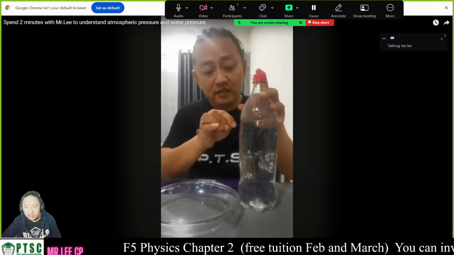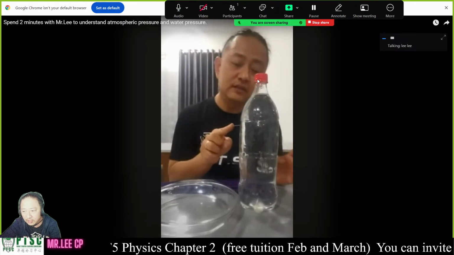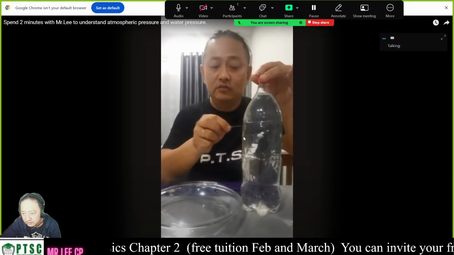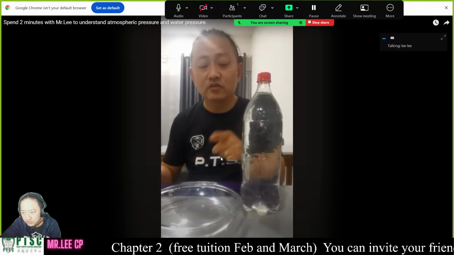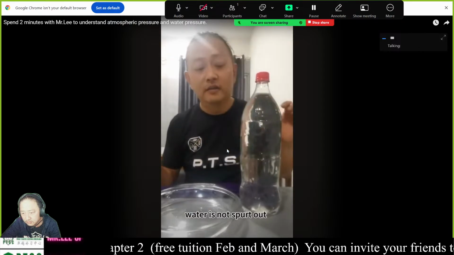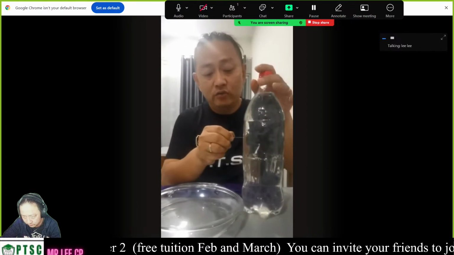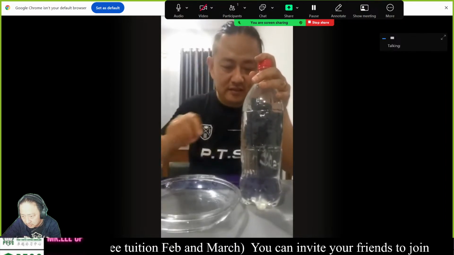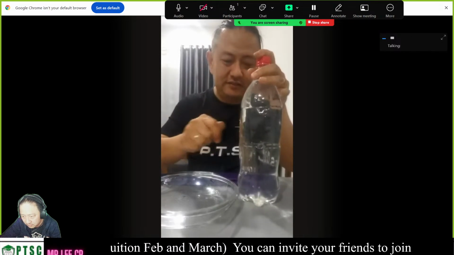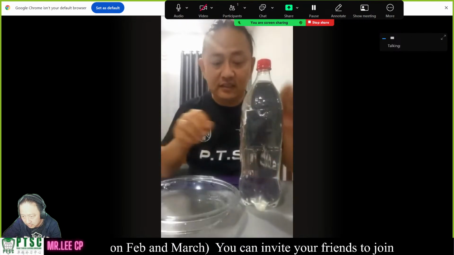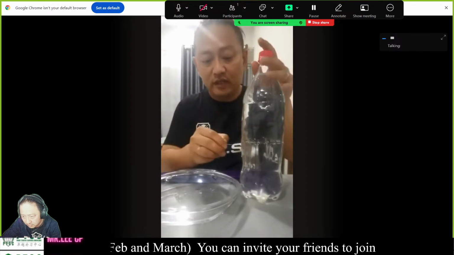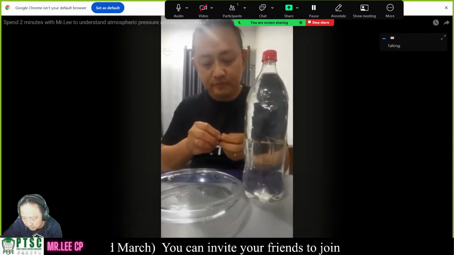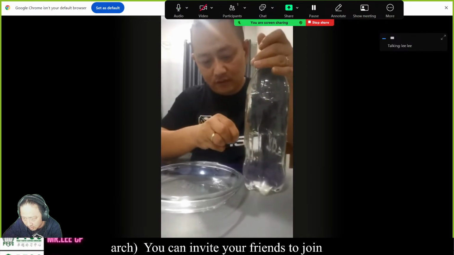Here it has a cover. I use a needle to poke a hole here. The water will not spurt up. I made another hole, and a third hole.